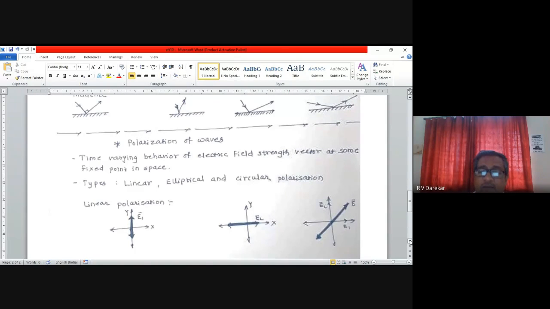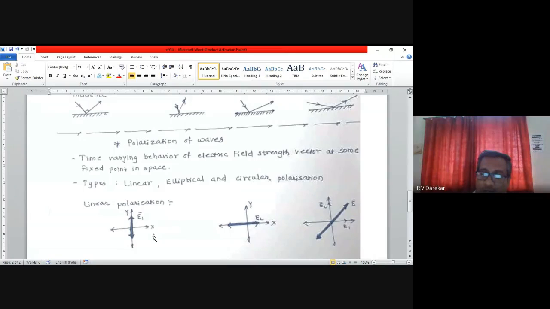What is polarization? Polarization is the time varying behavior of the electric field strength vector at some fixed point in space. Now we have to understand that if it is inclined, as shown in the third diagram in front of us, it can be resolved into two components, one is E1 bar, another is E2 bar.